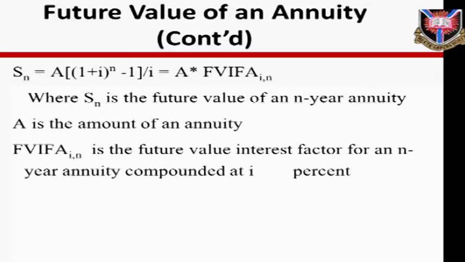Sn equals A times ((1 plus I) to the power n minus 1) over I, which equals A times FVIFA, where Sn is the sum of value of an n year annuity, A is the amount of an annuity, and FVIFA(I,n) is the future value interest factor for an n year annuity compounded at I percent.